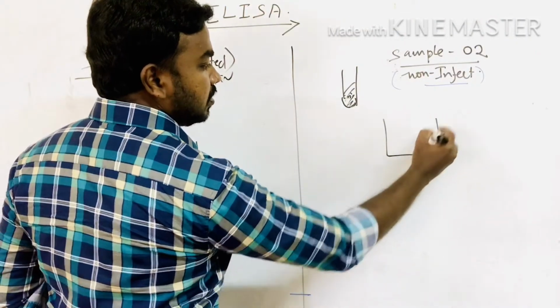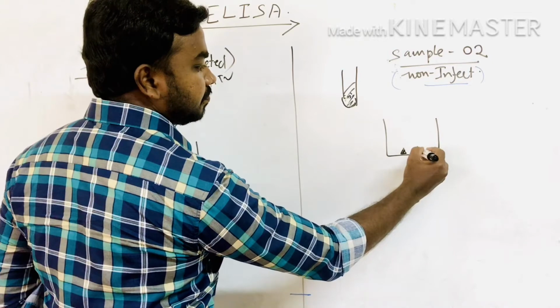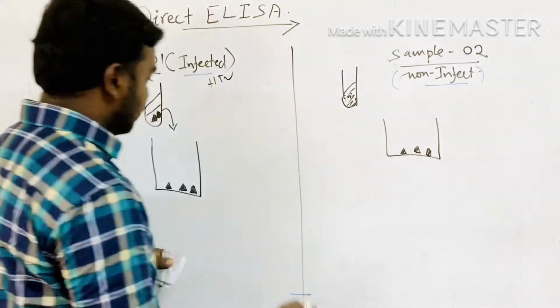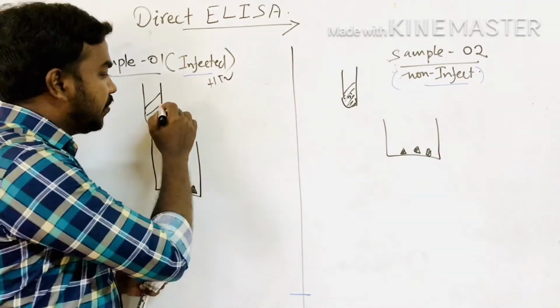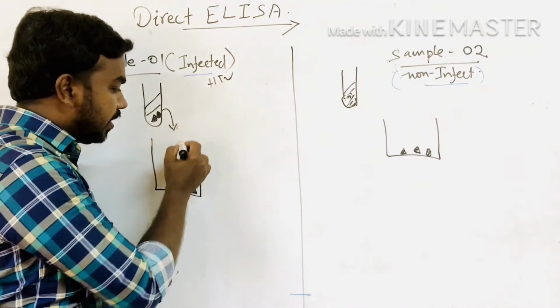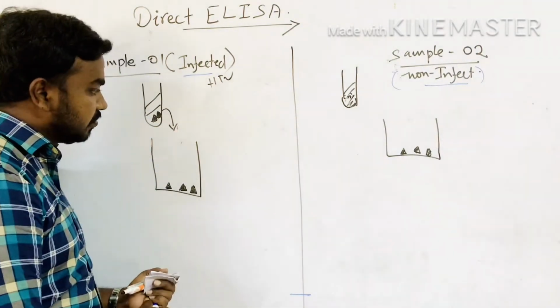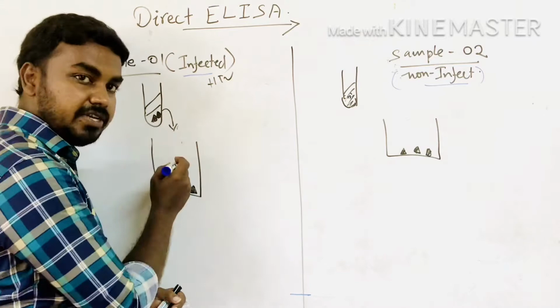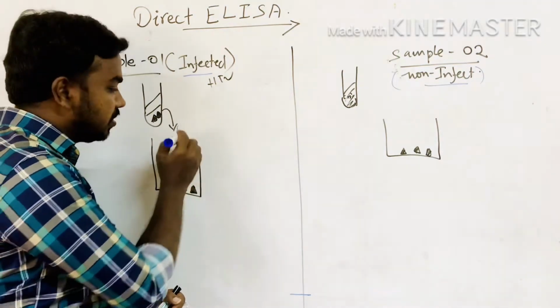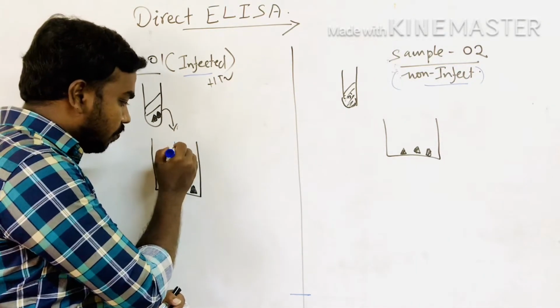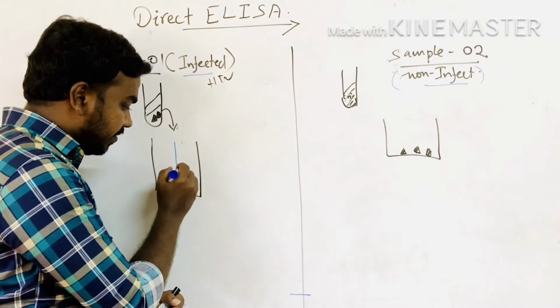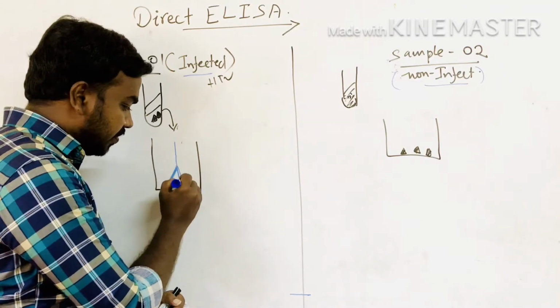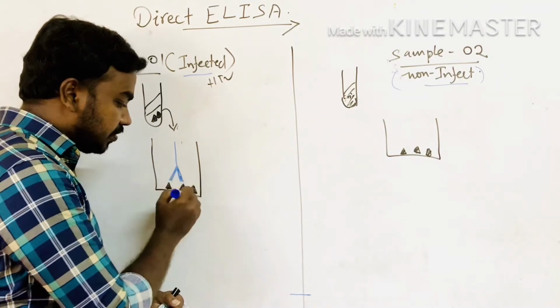Here also that is coated. Okay, now we are going to add this sample in this way. So here we have the specific antibodies. This antibody will come and react because these are very specific to these antigens.